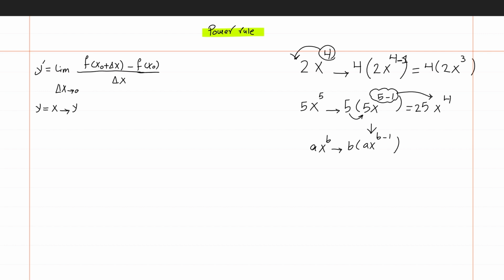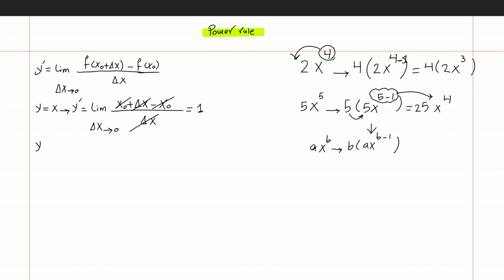In this case, y prime will be equal to the limit as delta x approaches 0 of f of x naught plus delta x, which means to just plug in x naught plus delta x in place of x. So this is equal to x naught plus delta x minus f of x naught, which is just x naught, over delta x. And this is going to be equal to x naught minus x naught will cancel out, and delta x over delta x will cancel out. So the result of that will be 1.